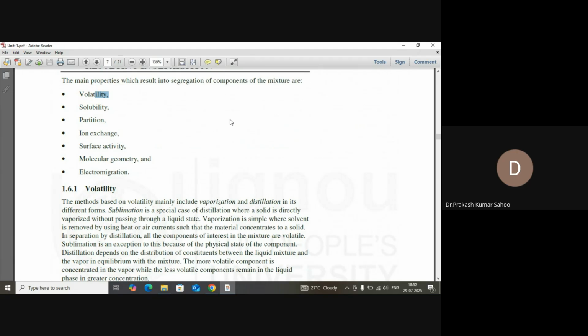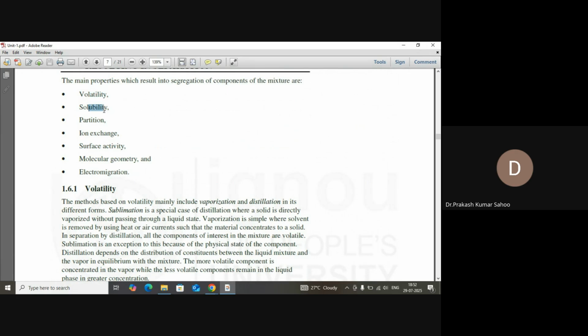When heat is applied, the ethanol gets into the vapor state, so the ethanol is separated first, then after that the water is separated. So this is volatility: the component with higher volatility will separate first.